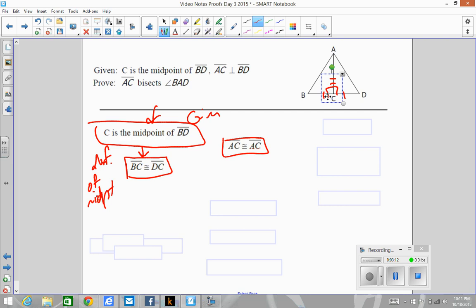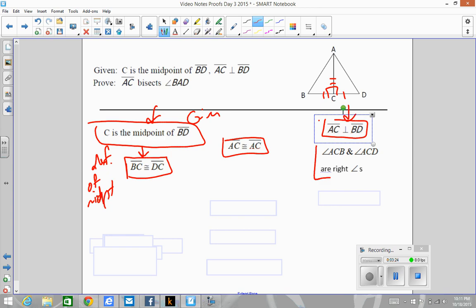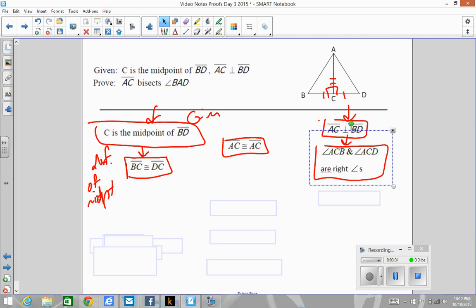Now, we go in here. We have AC is perpendicular to BD. We know it creates right angles. But then the question is after those right angles, where are we going with this? Are we going to say right triangles? Or are we going to say right angles congruent? And let's look here. It's not going to be an HL proof, so we're going to say that those right angles are congruent. And so here we have this last piece.